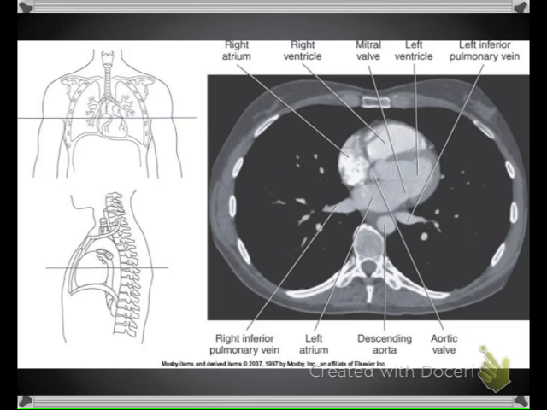Also, we have the interventricular septum here, and the book points out that we have the mitral valve, which is on the left side, the left AV or bicuspid valve.